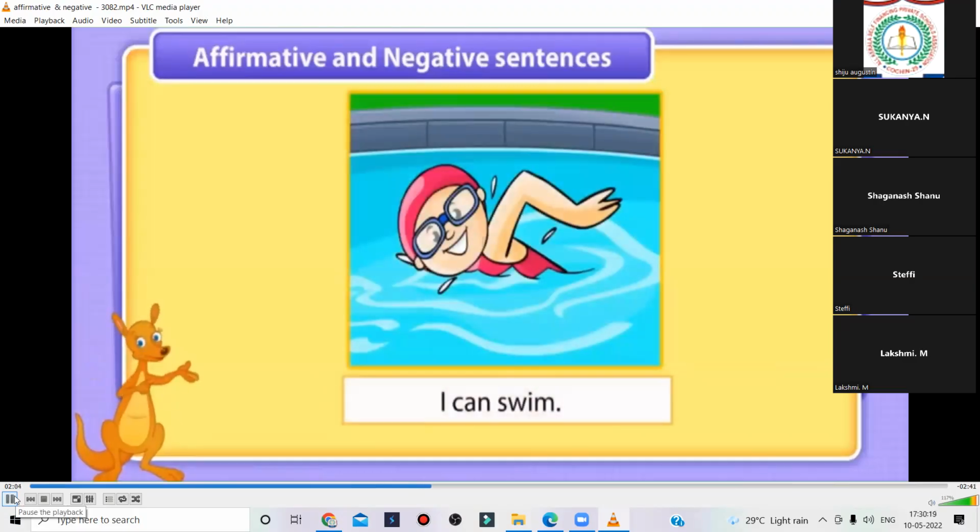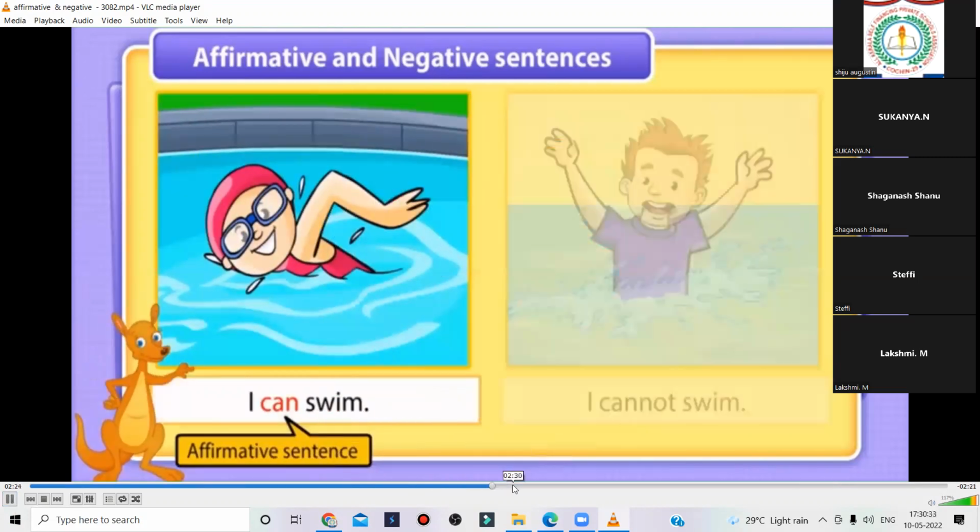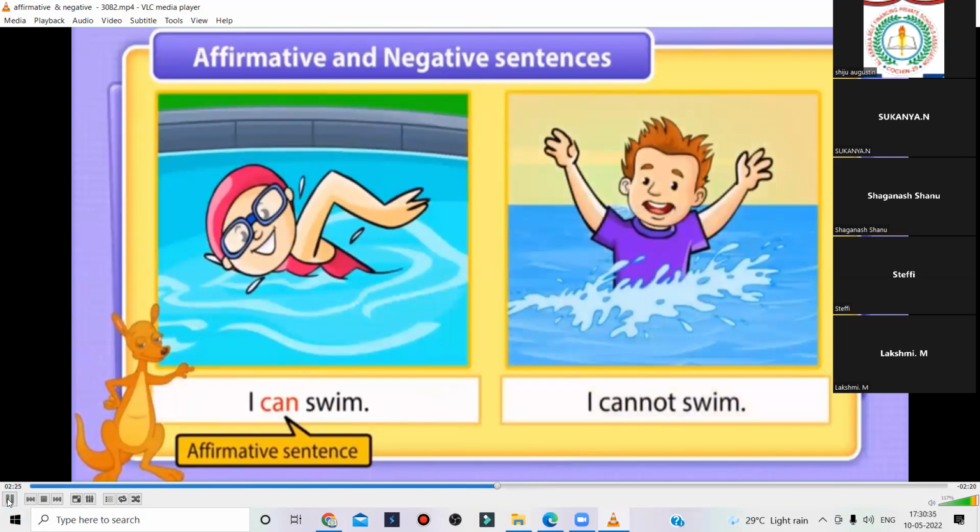Let's see another example. I can swim. Is this a positive or affirmative sentence? Yes, I can swim is a positive or affirmative sentence. We say, I cannot swim, a negative sentence. Why do we study these two types of positive and negative sentences?